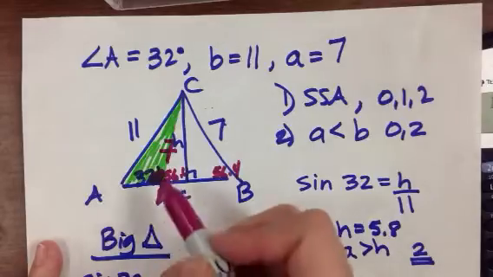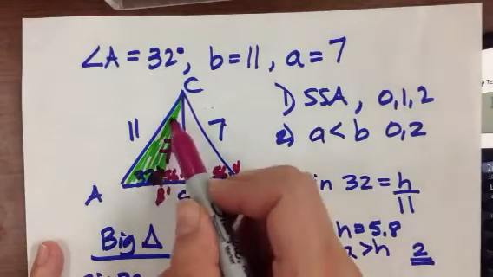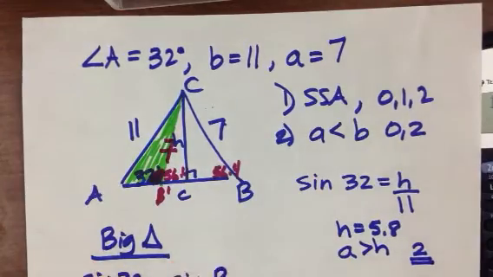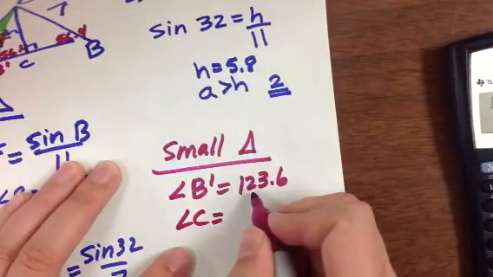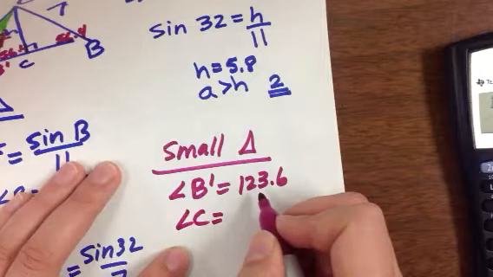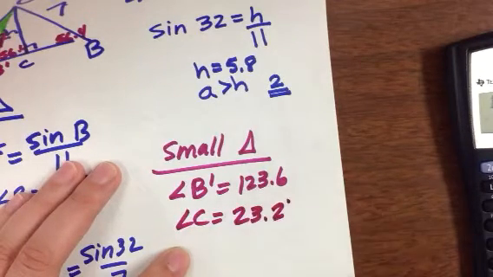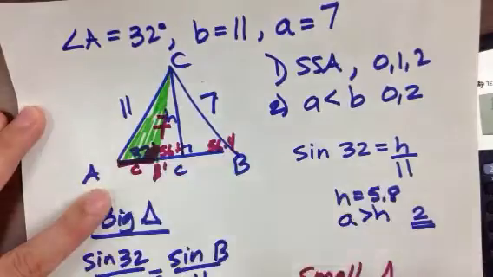Now, coming back up, I already know A is 32. If B prime is 123.6, I can take those numbers from 180 and I will find angle C. So 180 subtract 123.6 subtract 32 should give me 23.2 degrees. And the last thing I need to solve for, looking back at the triangle, is little c, this length.